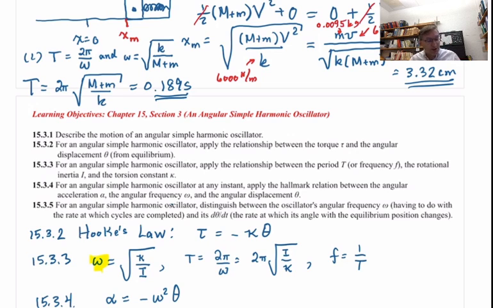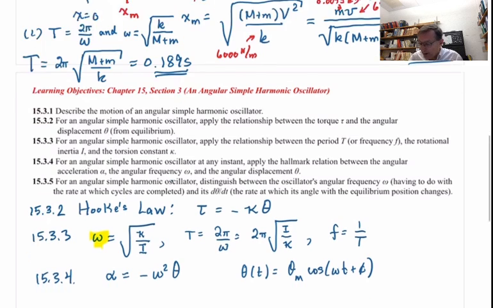All right, the rate at which the angle is changing is d theta dt. The theta itself as a function of time comes from this formula, theta max cosine of omega t plus phi, as we talked about. So the rate at which that angle is changing would be d theta dt, got to take the time derivative of that and use the chain rule.